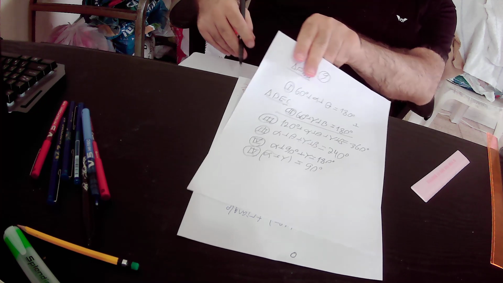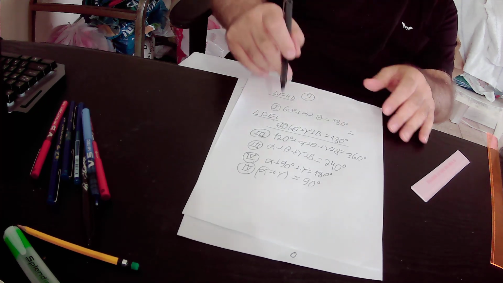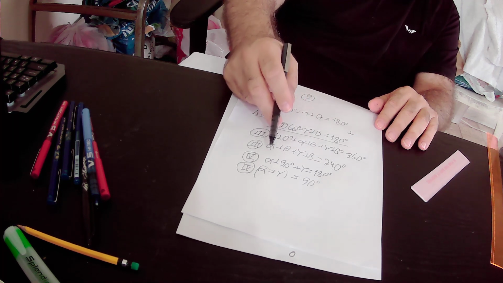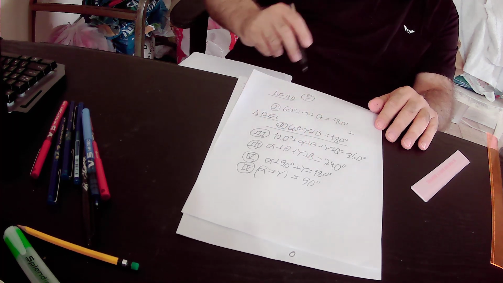So we subtracted 90 degrees from this equation, and we got that alpha plus gamma equals 90 degrees.